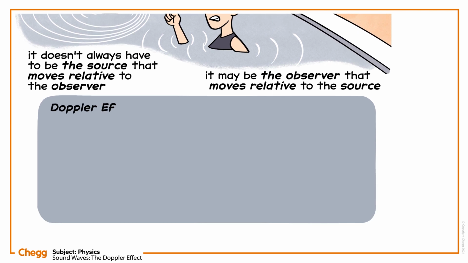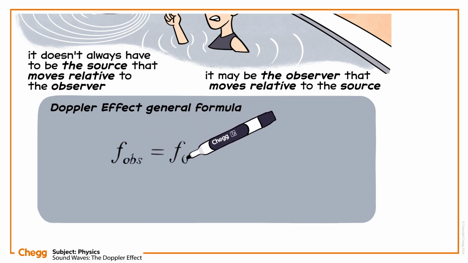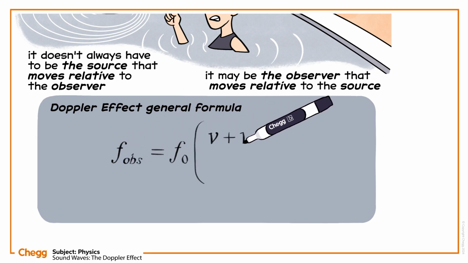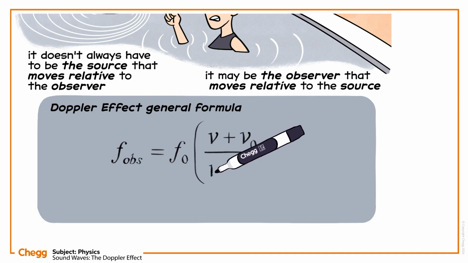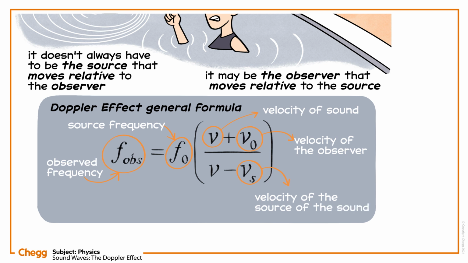Here is the general formula for pinning down the Doppler effect in numbers. The observed frequency is equal to F0 times the sum of V and VO divided by V minus VS. In this equation, F_OBS is the observed frequency, F0 is the source frequency, V is the velocity of sound, VO is the velocity of the observer, and VS is the velocity of the source of the sound.